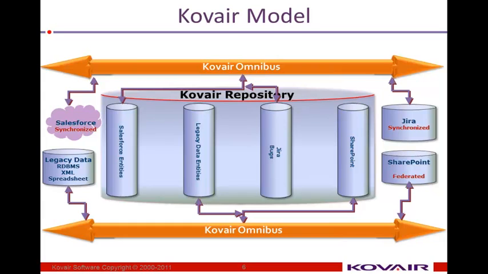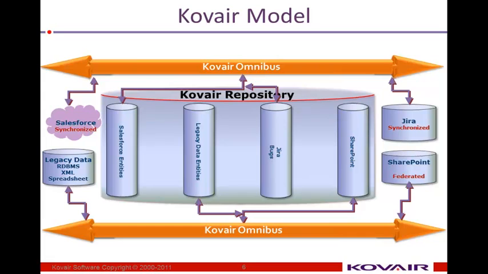You just need the information about the document. The actual content of the document is still in SharePoint, but you should be able to get into the content whenever necessary. So on demand, you can go and get those data or documents from SharePoint. That is called federation. So Kovair Omnibus supports both synchronization as well as federation.